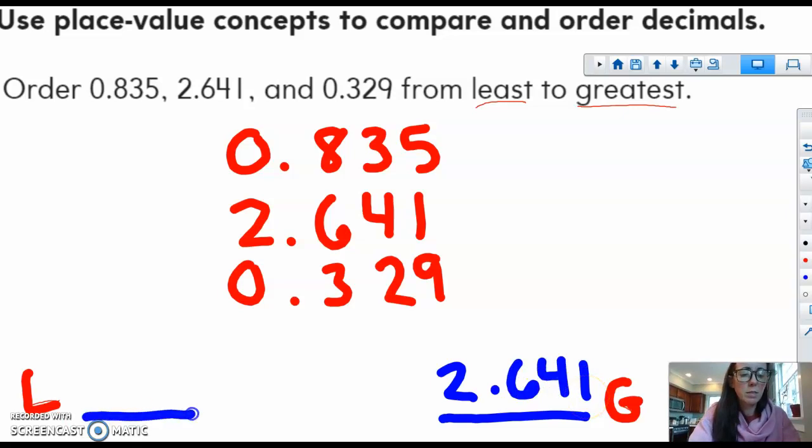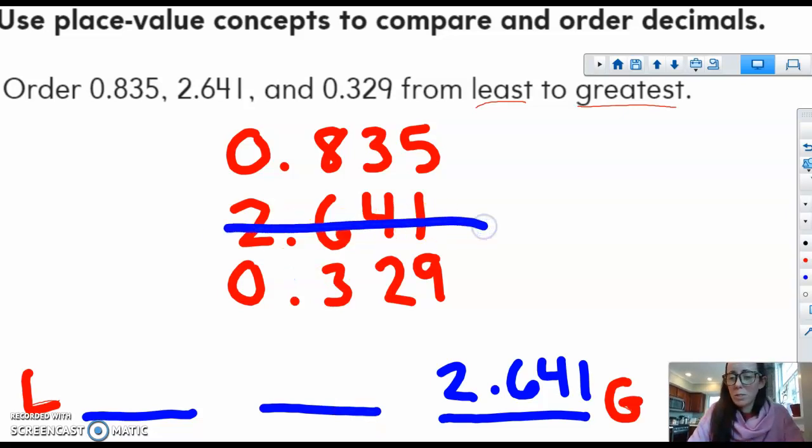I'm going to make my spaces for my smallest and my middle. I always like to cross it off once I use one. So now I'm just looking at my top decimal and my bottom. I looked at my ones, they're both zeros, so I can't determine which one is greater or smaller from the ones place. Now I'm going to move into my tenths. I have 8 tenths and 3 tenths.